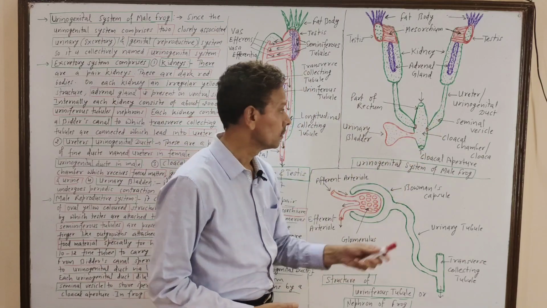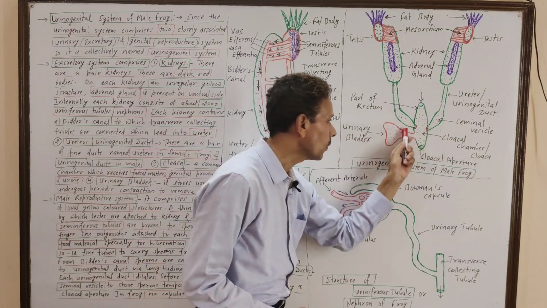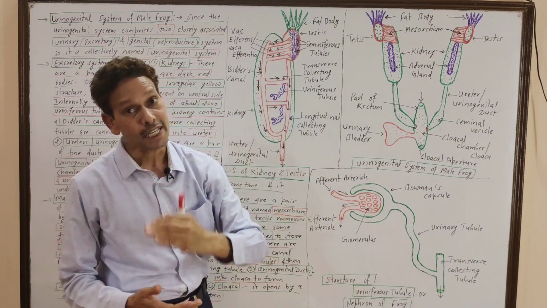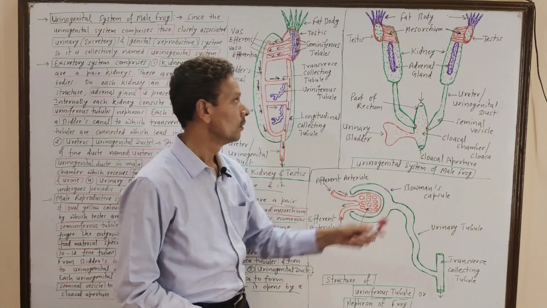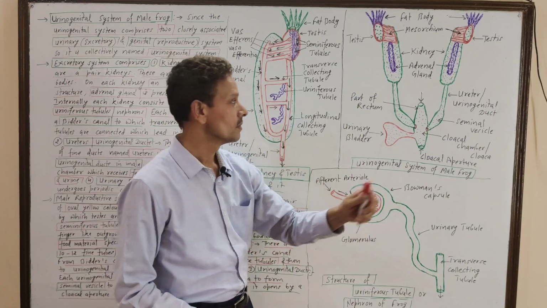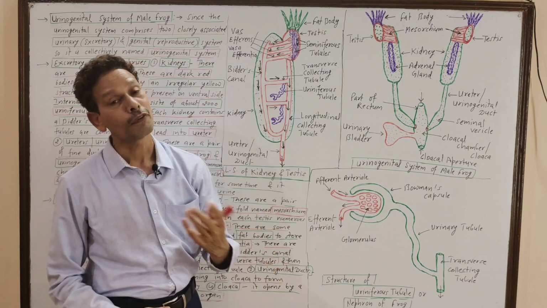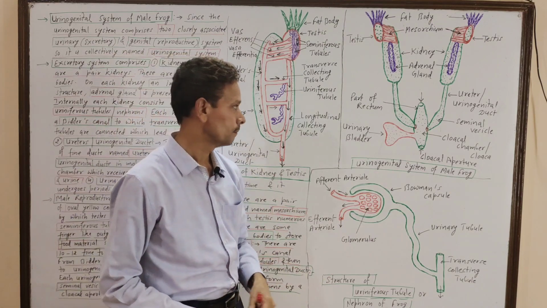The next part is the cloaca, and this cloaca is a common chamber which receives fecal matter, urine, excretory products as well as reproductive products, male or female reproductive discharge.